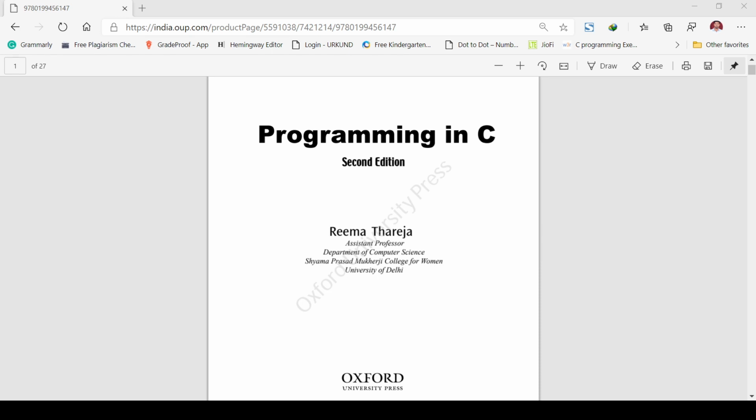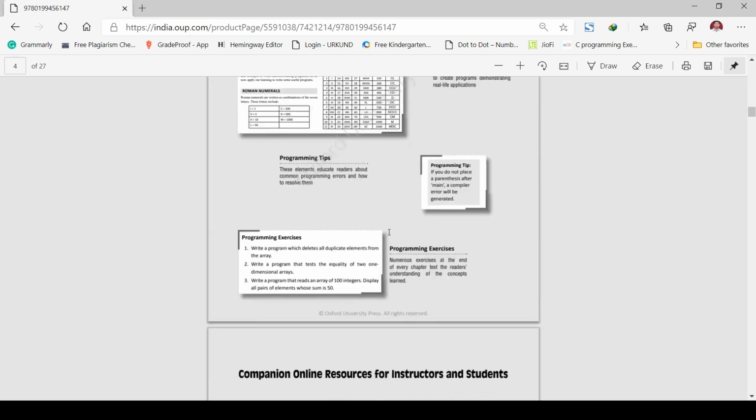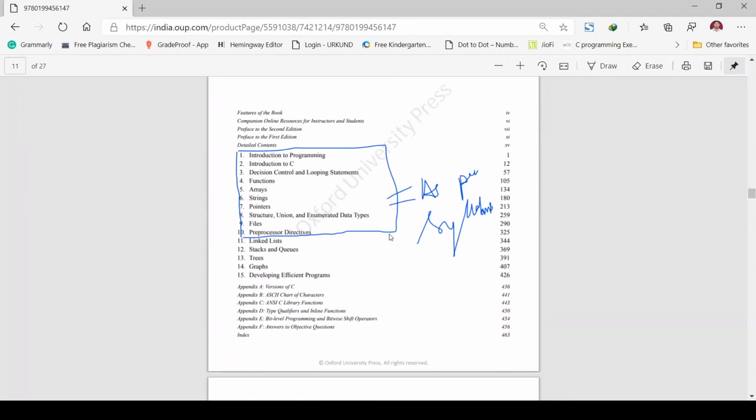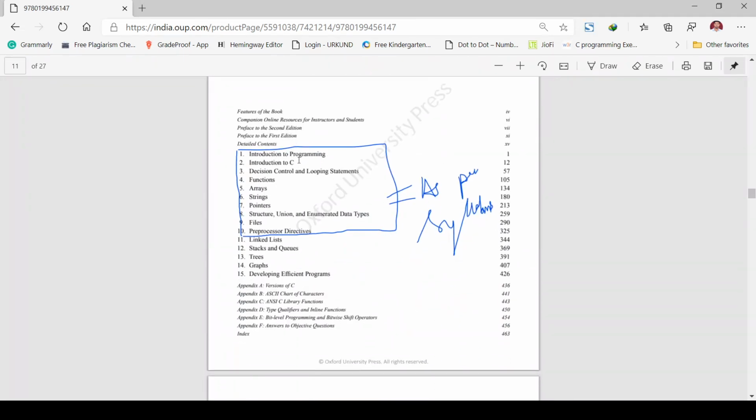If we look into the content of the book, we can see that there are 13 or 15 chapters. Mostly we require up to chapter number 10. Each chapter will be discussed in a different PowerPoint presentation.